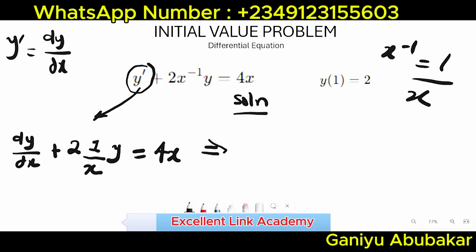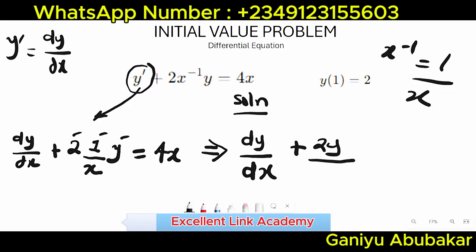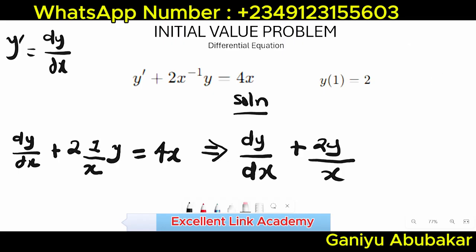From here, I'll have dy/dx plus 2 times 1 times y, that gives you 2y all over x, equal to 4x.